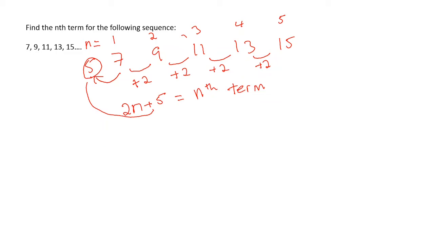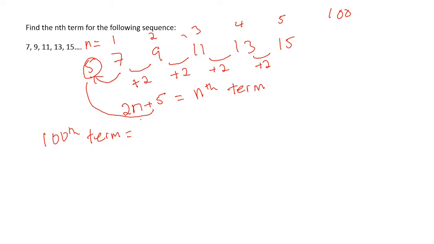Okay, so what if I want to find the 100th position? So let's say the 100th term. Now, again, if we look up here, I have this n. That's the number of the position, the first, second, third, fourth, fifth. Well, what if I'm trying to find position number 100?